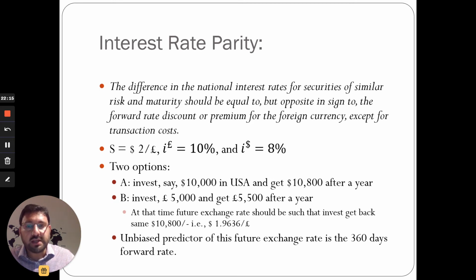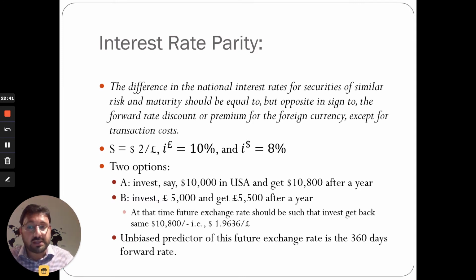Now, the interest rate for the pound, let's suppose, is 10% on a particular security, and on a similar security in the USA, the US bond is offering 8%. So the interest rate is higher at 10% in the UK, and 8% in the USA. So there is a difference of 2%.